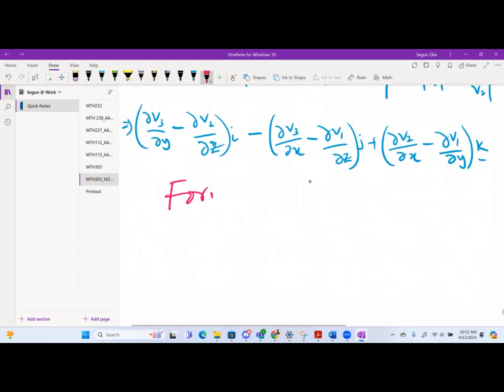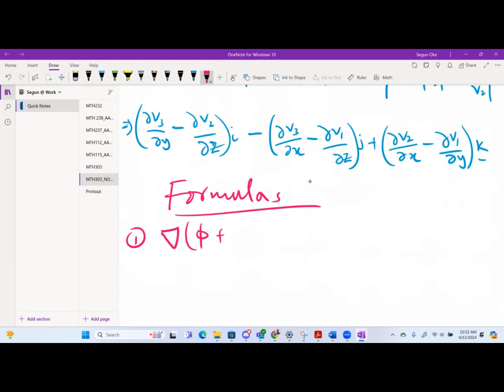Then we have formulas. Let's look at this. For formula number 1, anytime you have del of phi plus psi, this is equal to del of phi plus del of psi.